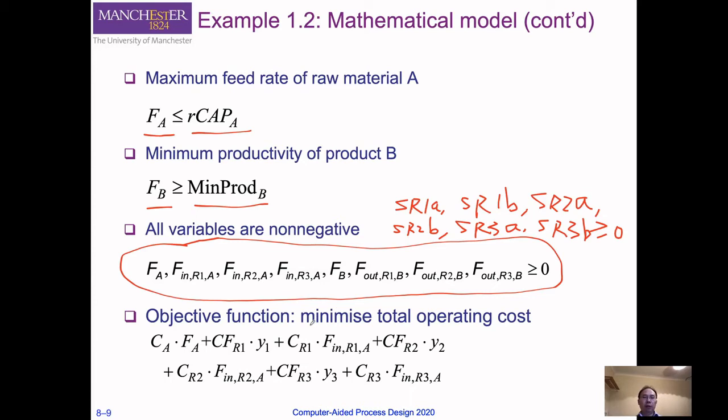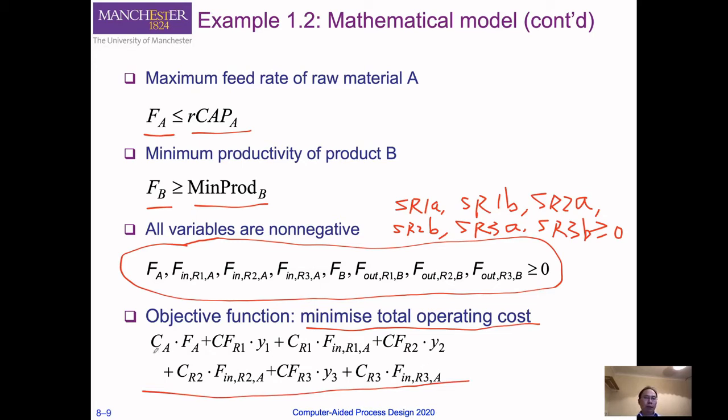The objective is to minimize total operating cost. The total operating cost includes the raw material cost of A and the operating cost of reactors. Then we can write this function.